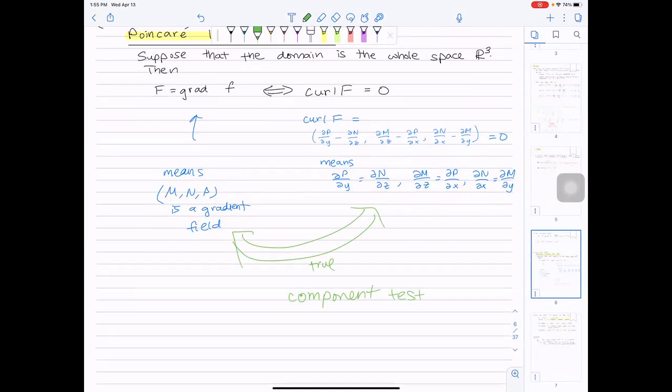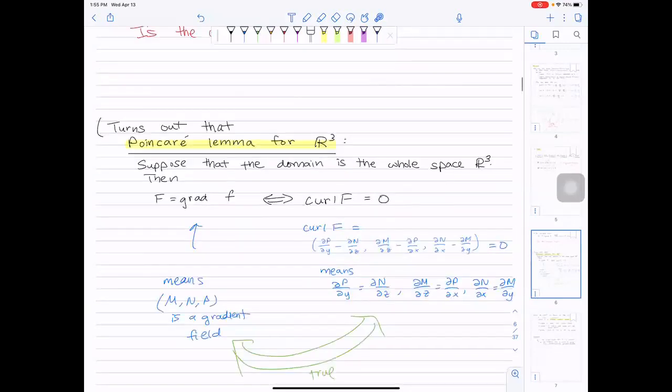Yes. So if the curl is 0, it's a gradient. Mm-hmm. And if you take the gradient, so the curl is 0, does that apply to divergence?